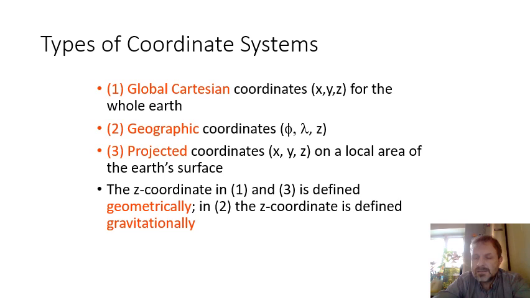Geographic coordinates phi, lambda, and z, which mean latitude, longitude, and altitude. Projected coordinates x, y, z on a local area of the Earth's surface in map projection. The main idea of the projection process is how to recalculate latitudes and longitudes to the local projected coordinates.